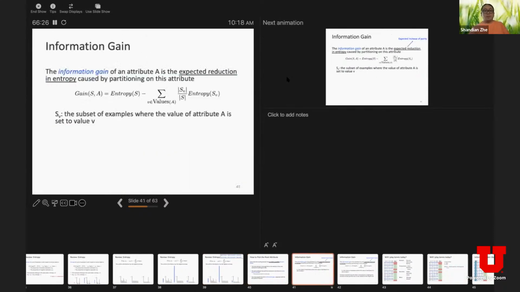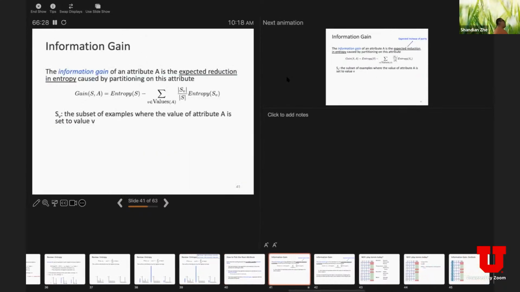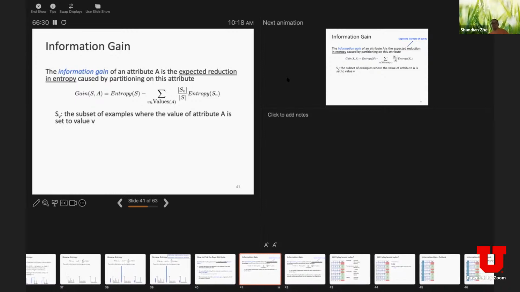Okay, so here we come to the so-called information gain definition. The information gain is defined over a data set S and a particular attribute A. To calculate it, we first use A to split S, which gives us a list of subsets.